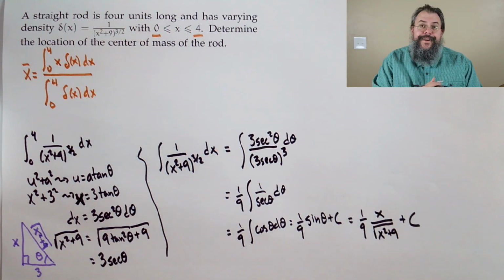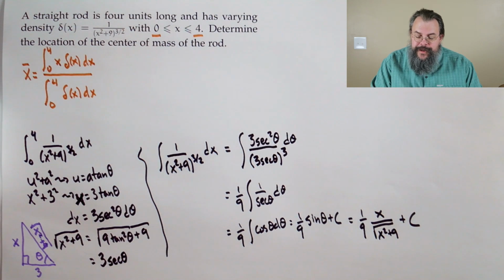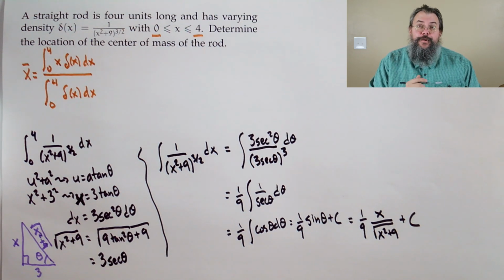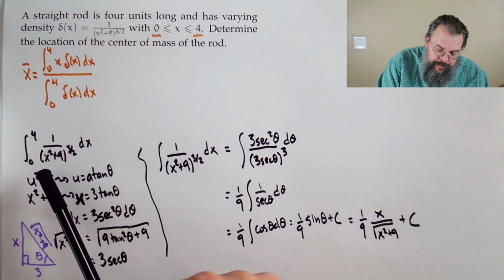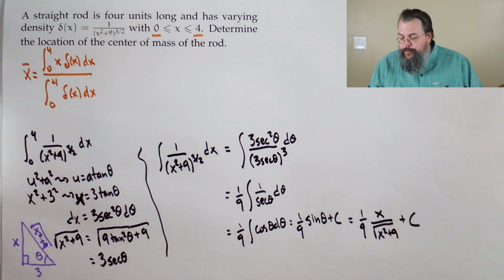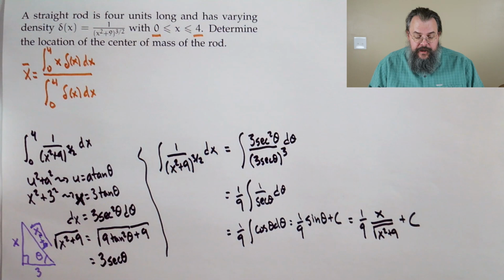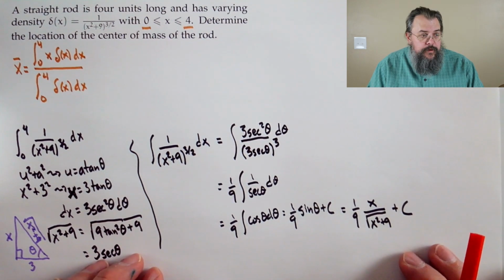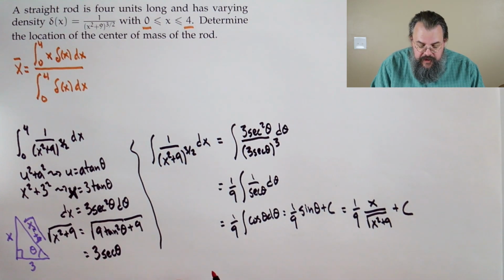All right, great, wonderful. Now, we're ready to talk about our definite integral, because how do we finish? Well, we do the bounds now. Let's move this up, give ourselves some space.